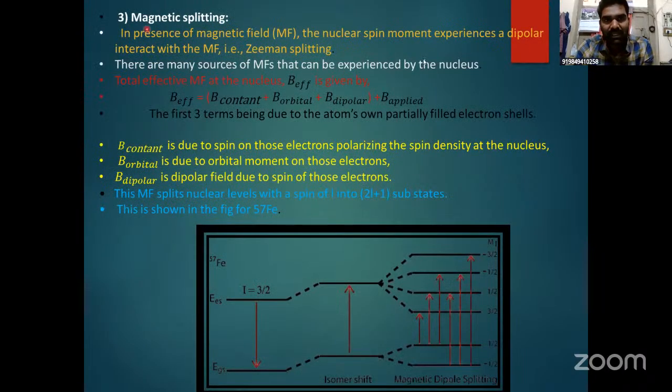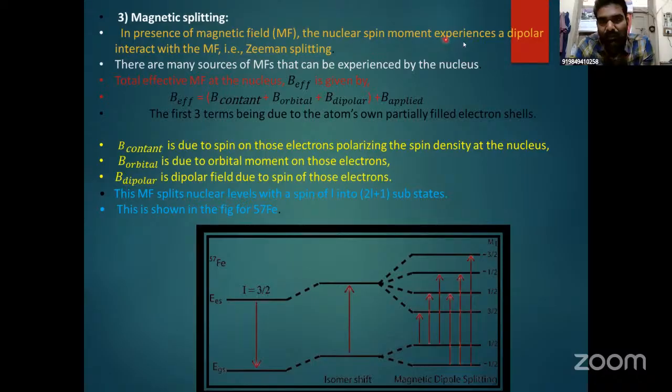Next is magnetic splitting. In presence of a magnetic field, the nuclear spin moment experiences a dipolar interaction with the magnetic field. That is the Zeeman effect. So in presence of a magnetic field, what happens?